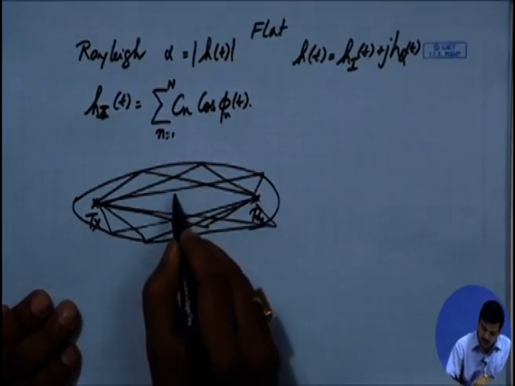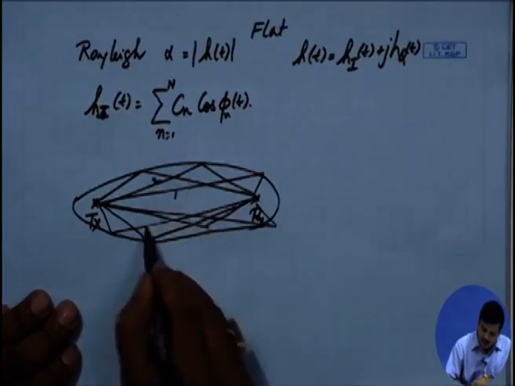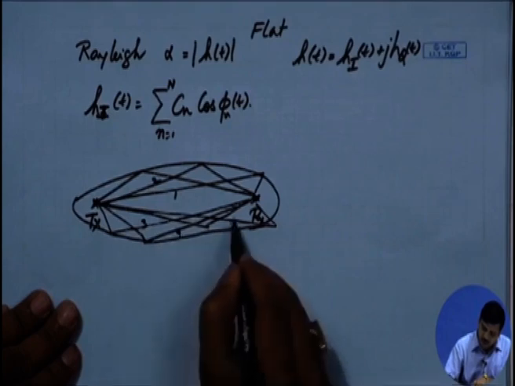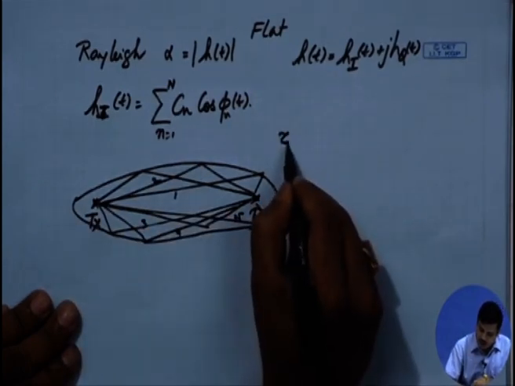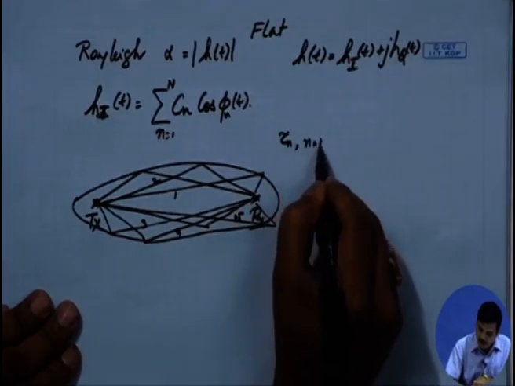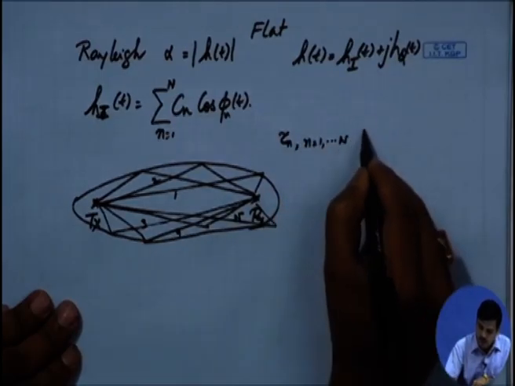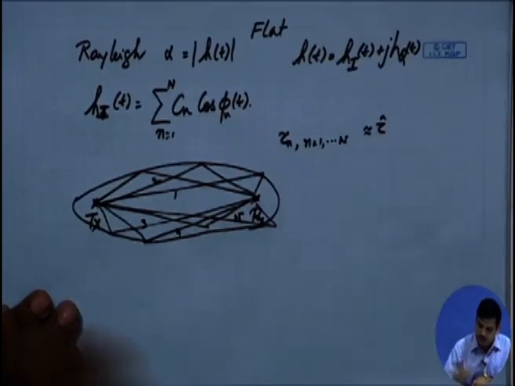If we have this, then we can say that there are a very large number of paths, and they all have tau n for n equals 1 to capital N almost equal to tau cap.